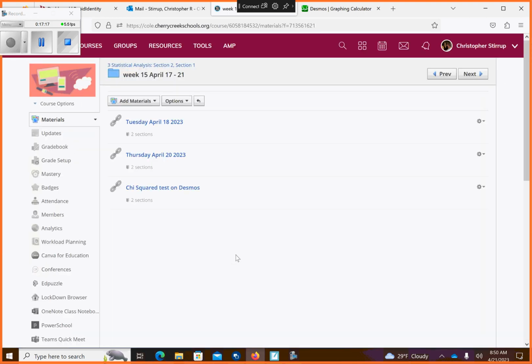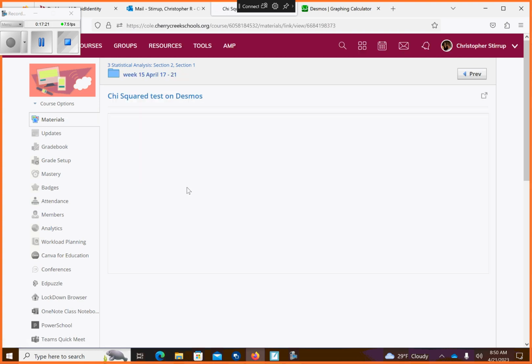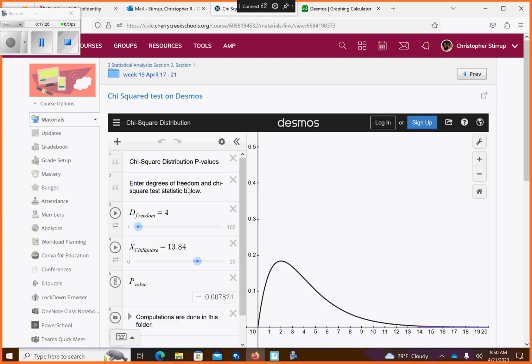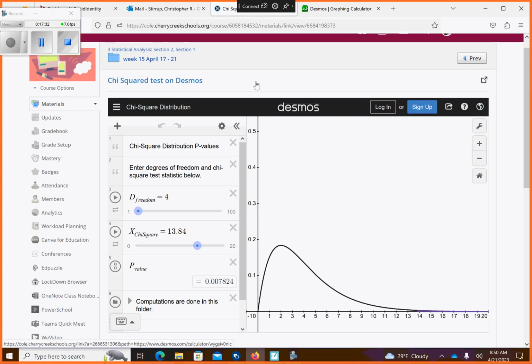And what I need you to do is click on the chi-squared test for Desmos. Mine will open up right on my thing. You might have to open up a different link. Okay, this is a pretty cool situation which you have access to because now you have it on your phone if you get to Schoology.